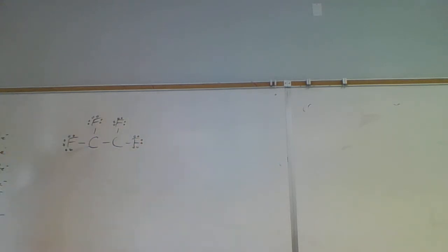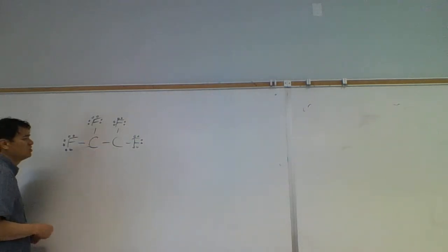So once we finish the octet on the outside, how many electrons have we used now? Oh, we have 2 more electrons? Yeah, so we used 34 electrons. So we have 2 more electrons.